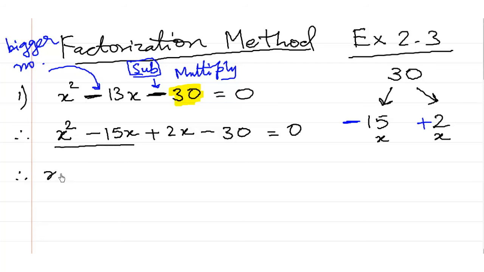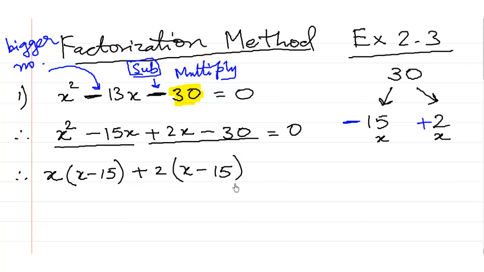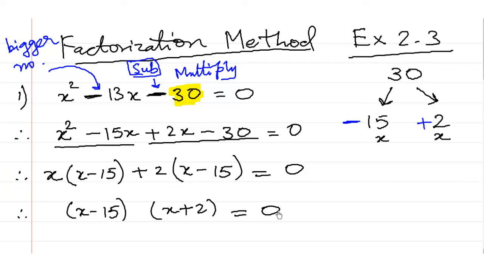Therefore, we can take x common, x minus 15, and in these two we can take plus 2 common because both these numbers go in the table of 2. x minus 15 is equal to 0. So as you can see, since the splitting was correct, x minus 15 itself is common, and we have x plus 2 which was written outside the bracket. This is uncommon, so it is written in the other bracket, is equal to 0.